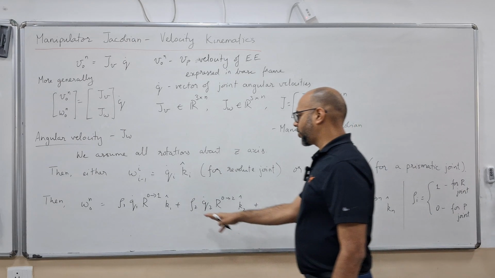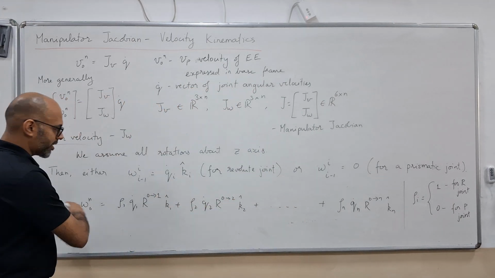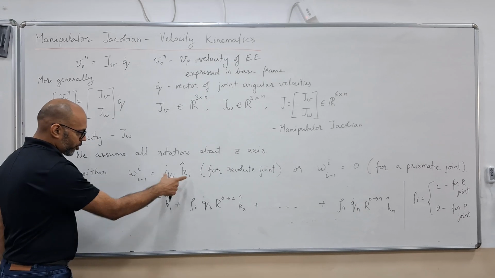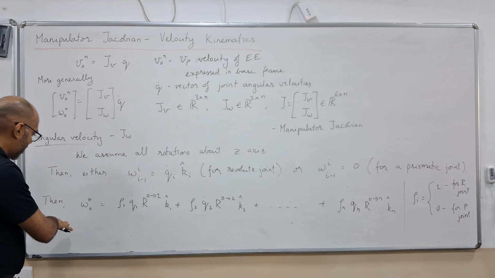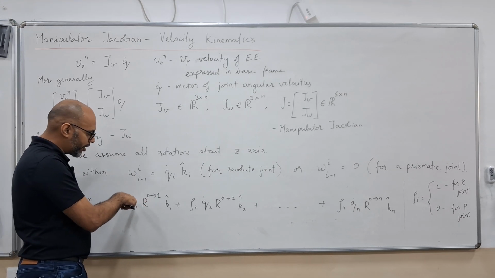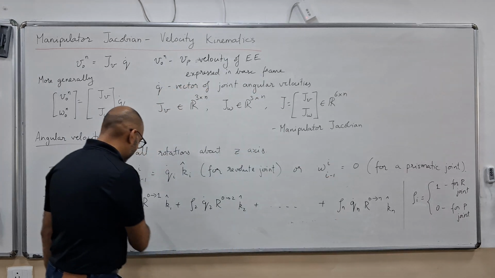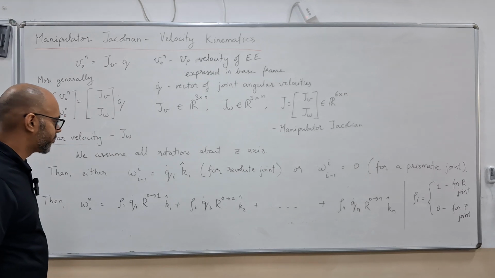So this is simply ensuring that wherever you have a prismatic joint, that term will end up being 0, but otherwise this expression is general enough. And this whole vector we were pre-multiplying by the rotation matrix to transform it back to the base frame, but since qi dot, each one of the joint rates, is a scalar, I could take the rotation matrix inside. That's the only thing I've done.